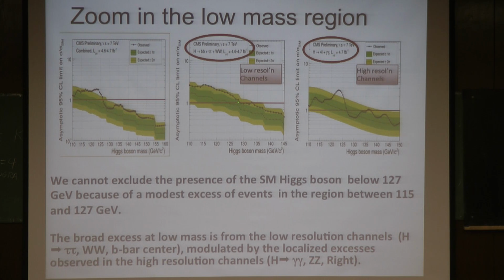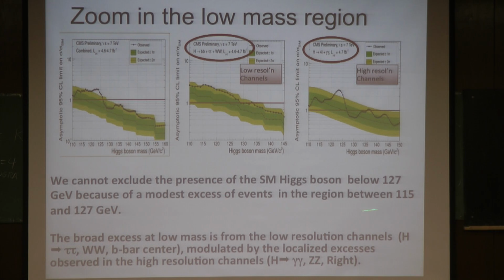Here we see that up to 130 we have the over 1 sigma excess on all the low resolution channels, and here we see for the high resolution channels the 119 and the 124, one dominated by the photons, one dominated by the 4 leptons.